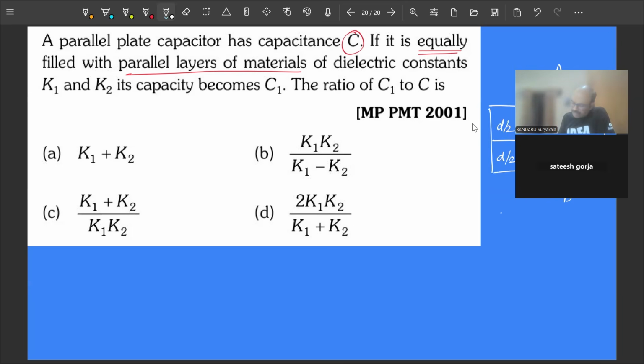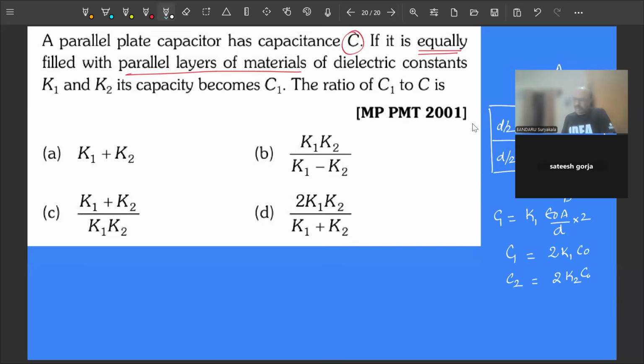First, let me compute C1 equals K1 into epsilon naught A by d. The d value we have is d by 2. So it becomes C1 equals 2K1 into C0. Similarly, if you take C2, we have 2K2 into C0. Now these two are connecting in series.